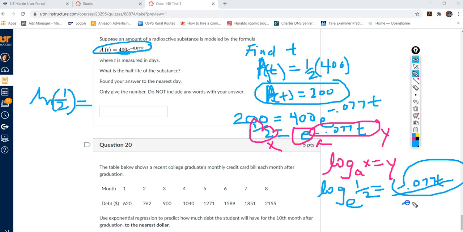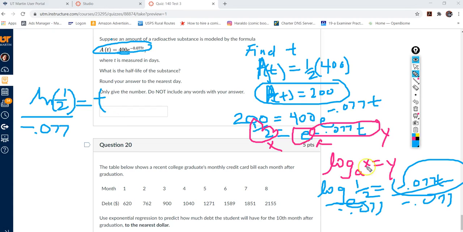So I divide both sides by negative 0.077. And so if I do that, ln of a half, that'll give me my t, divided by negative 0.077.